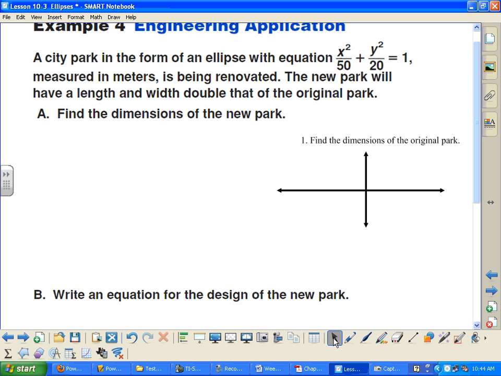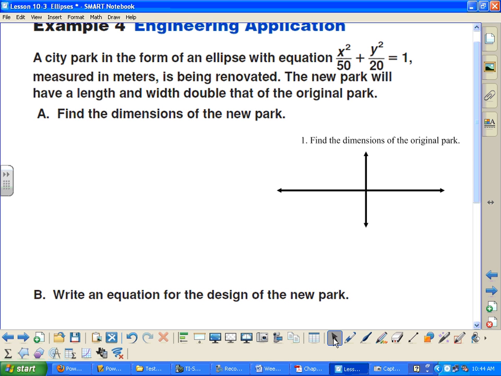All right, so the original park is x squared over 50, y squared over 20. Where's the center at? Origin, okay? And then the values of a and b are the square roots of those numbers. Not very nice numbers, but they'll work for us.